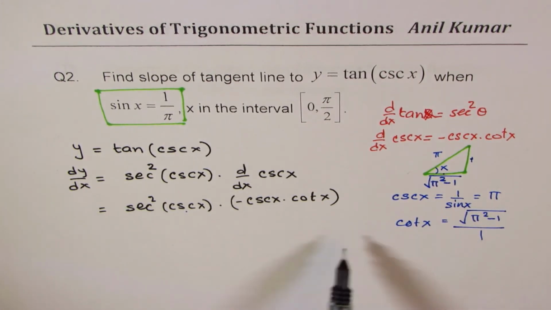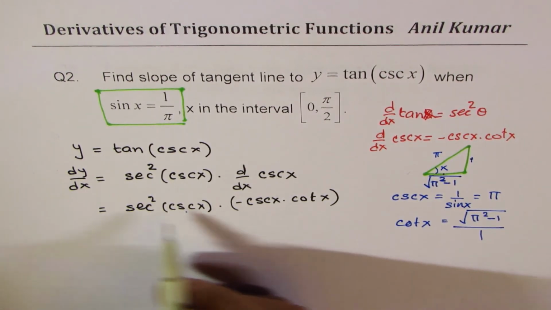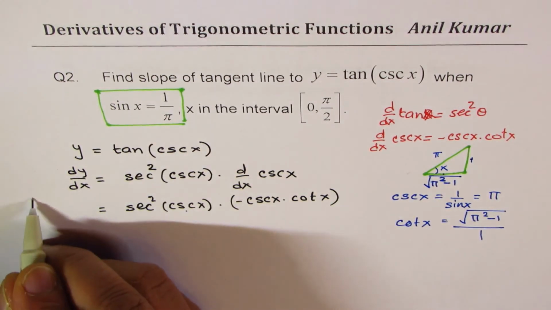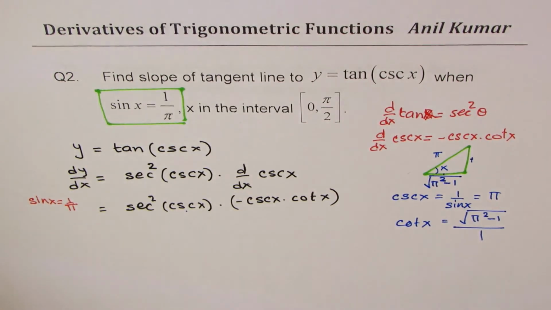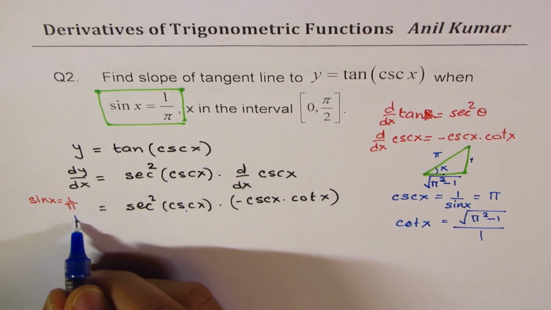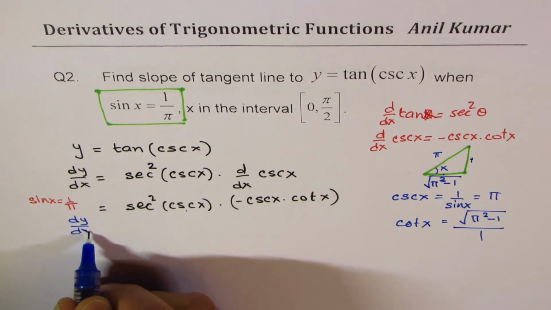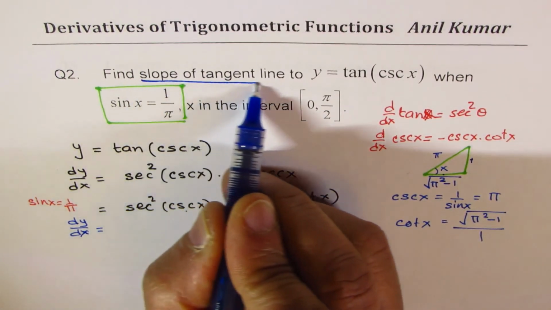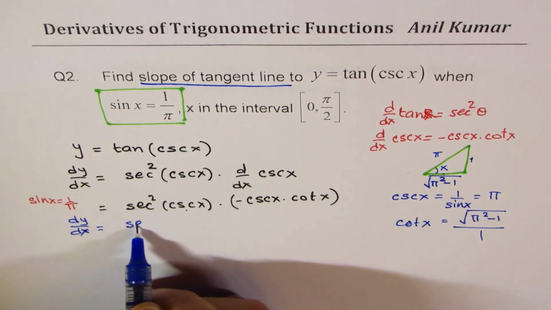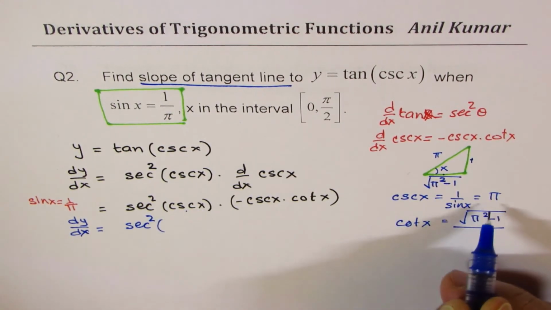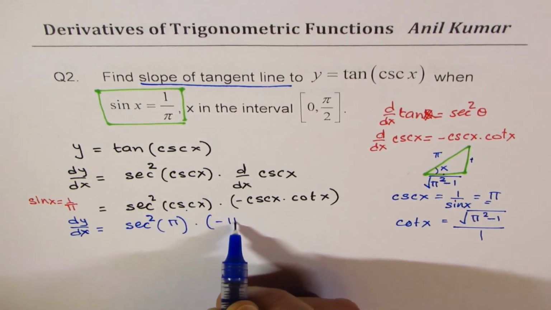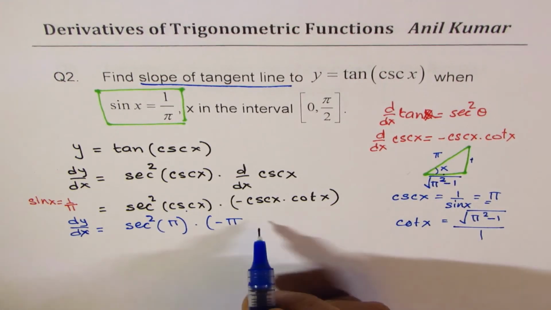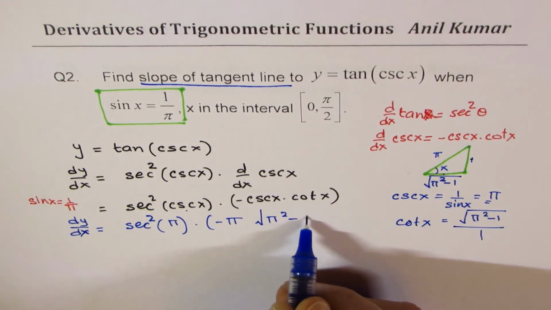So now let's substitute these values when sin x is equal to 1 over pi. In that case, the derivative dy dx, which is the slope of the tangent line, is secant square. So cosecant x is pi, so we replace this with pi times minus, this is pi, and cotangent x is square root of pi square minus 1.